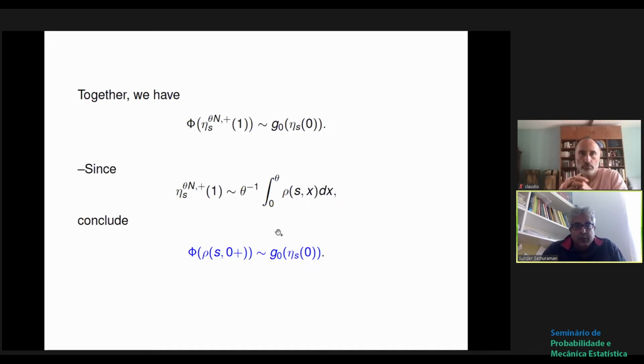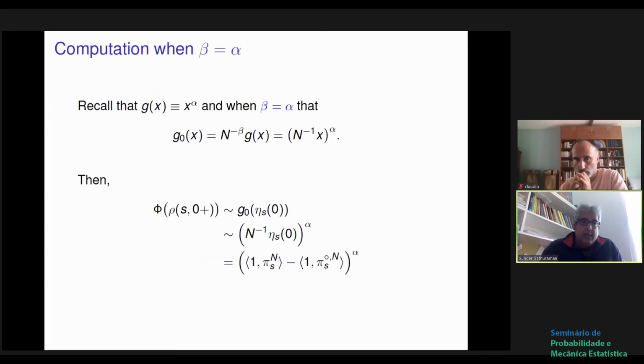So we conclude that the rate out should be close to the fugacity at the density at time s, at the location 0, as you come into 0. This is a key thing which will work for the critical, subcritical and supercritical cases.